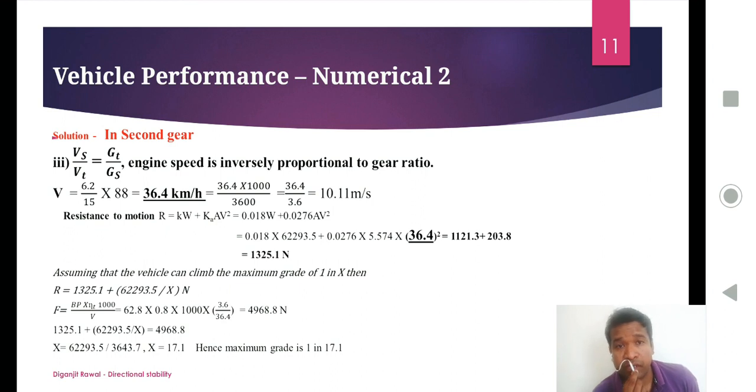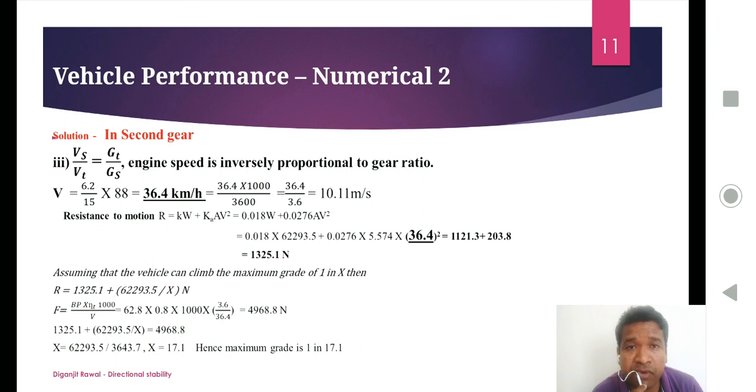So the equation becomes F is equal to 4968.8 Newton. So putting the value in this, R is equal to 1325.1 plus 62,293.5 divided by x, which is equal to 4968.8.